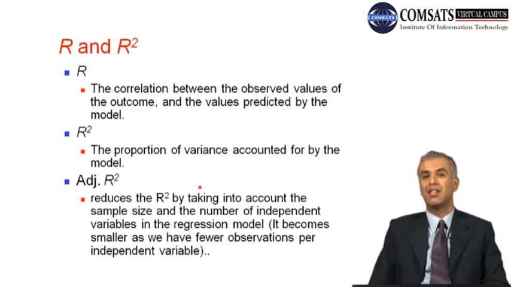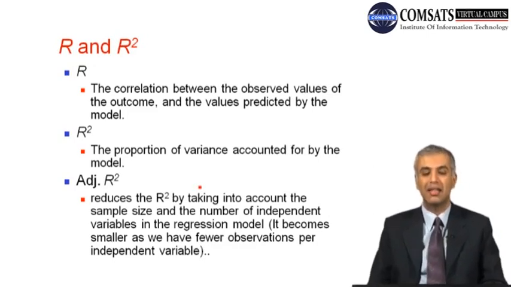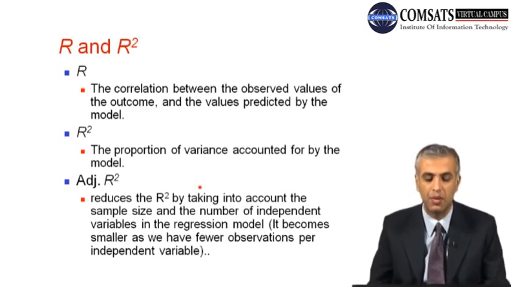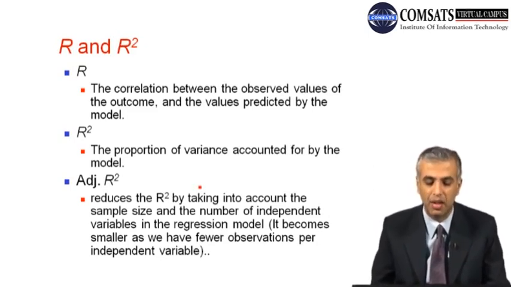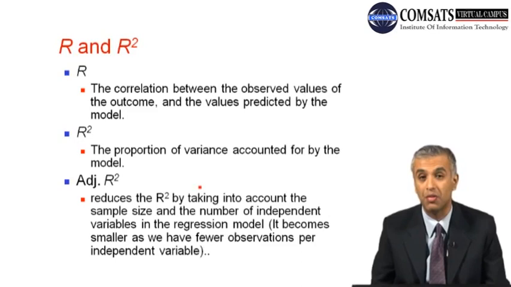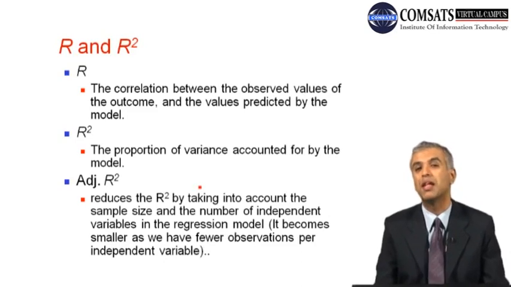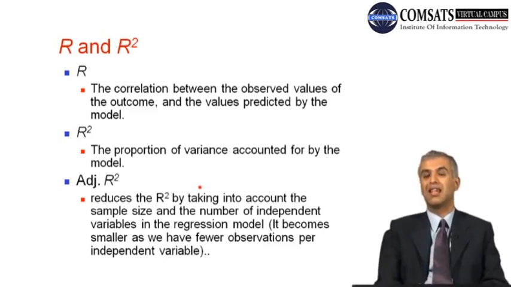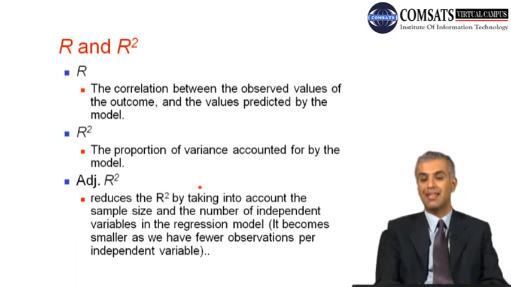In order to tackle such a discrepancy, it is vital that R square values should be adjusted in this case, and that's why another terminology is introduced, which is termed adjusted R square, and it becomes smaller as we have fewer observations per independent variable. That's why whenever we are trying to interpret a model or its strength or any kind of relationship, we basically try to state its readings from adjusted R square instead of R square.